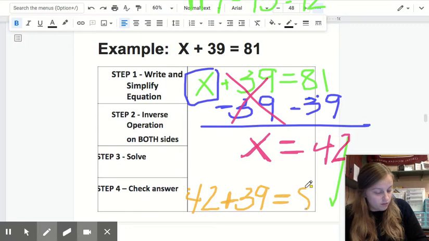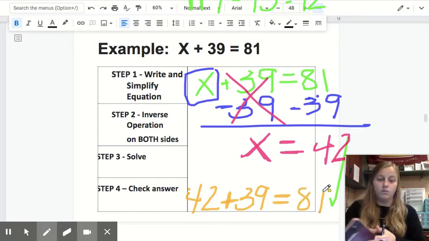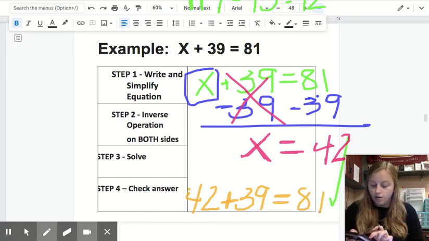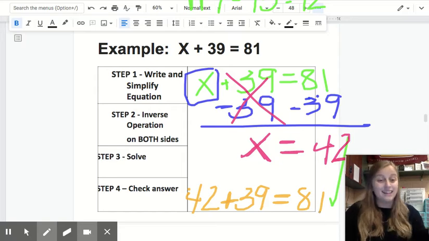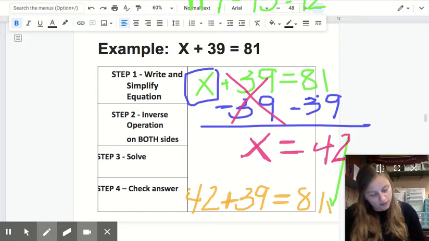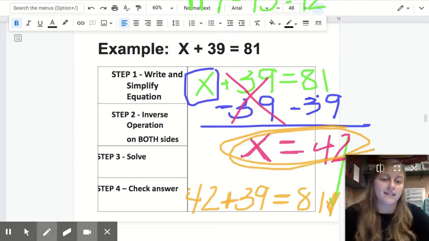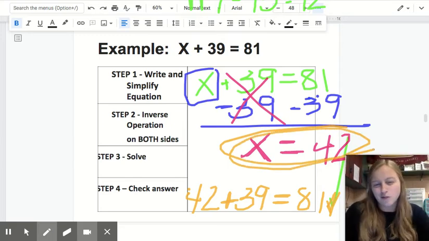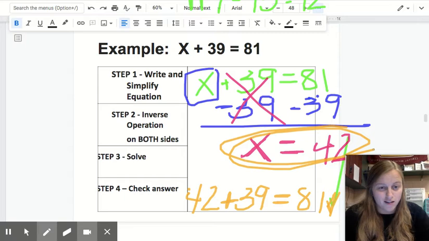Does that equal 81? Well, I type it into my calculator. 42 plus 39 equals 81. Check. And I solved my problem. It is correct. So guys, there's no reason you should be getting questions wrong because you just substitute back in and you get the same answer.